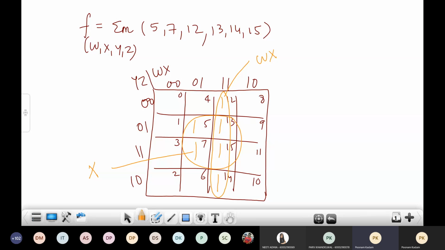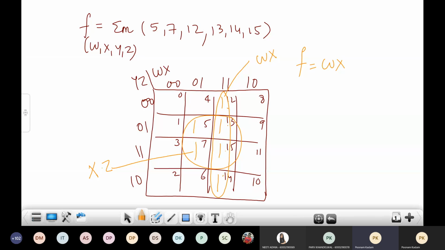What is not changing? X is not changing and Z is not changing. Right? Now we have to see to it that the minimal expression must include all the 1 cells. So let me include WX in the minimal expression. It is covering 4 ones, right?